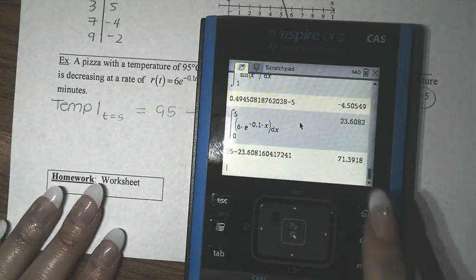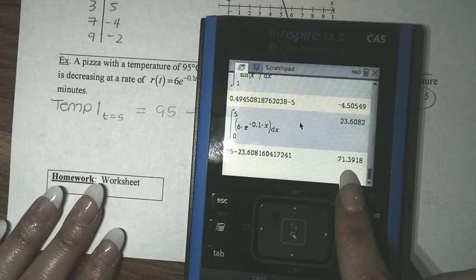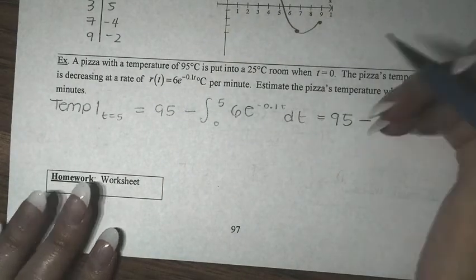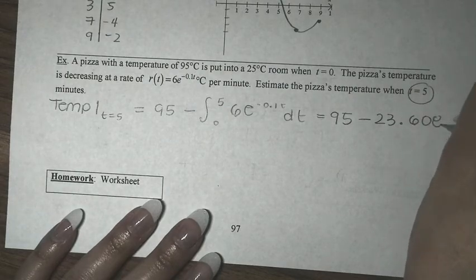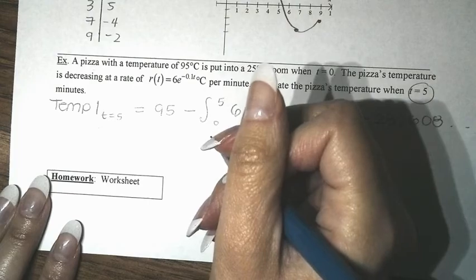So you know that the pizza's temperature now is going to be 71.391 degrees Celsius. So we have that it was 23.608 for the integral. So what's your conclusion here?